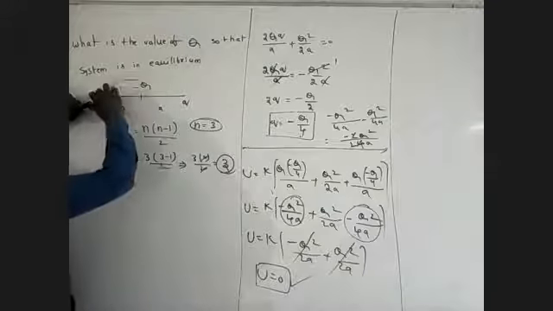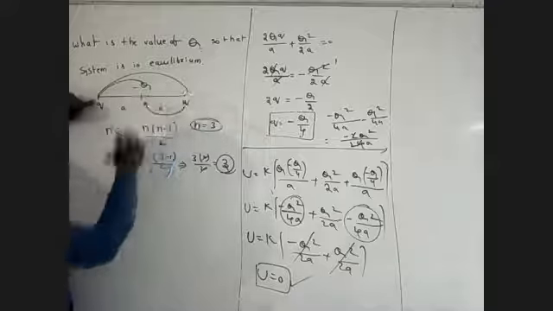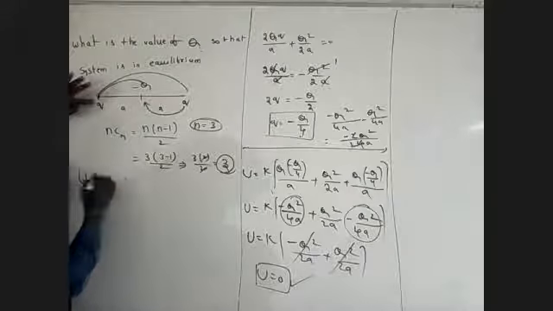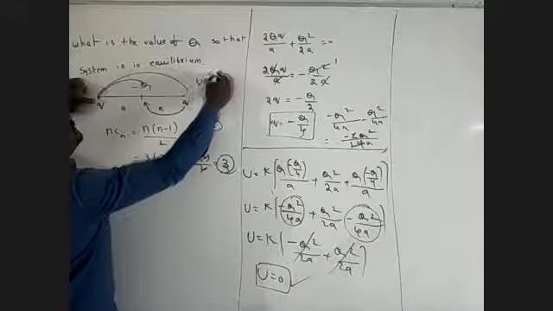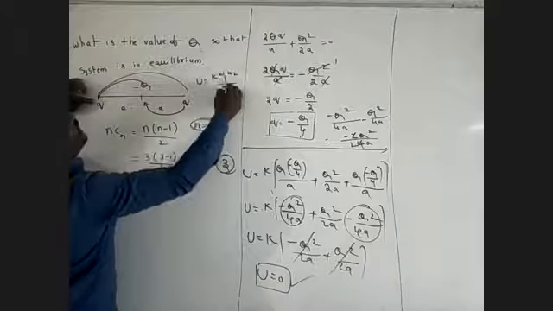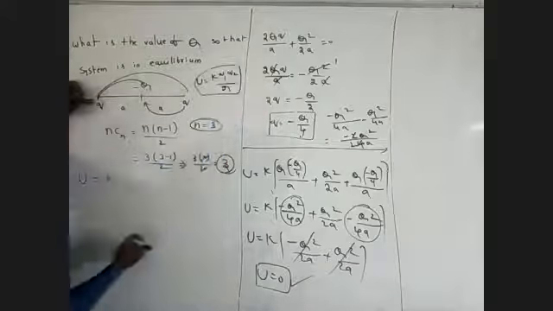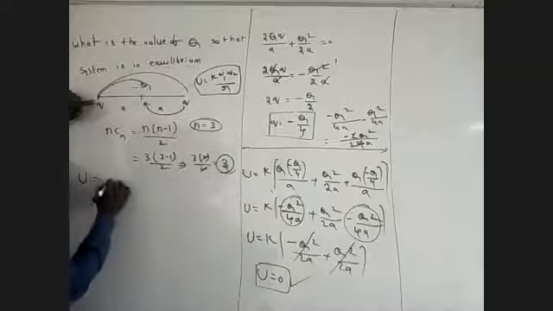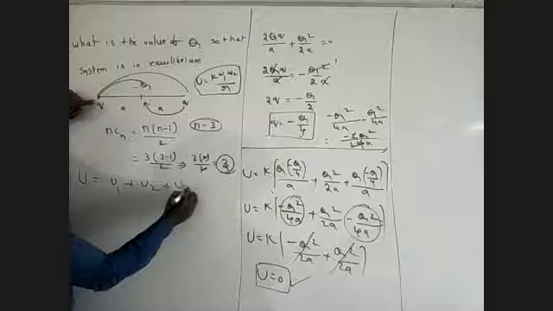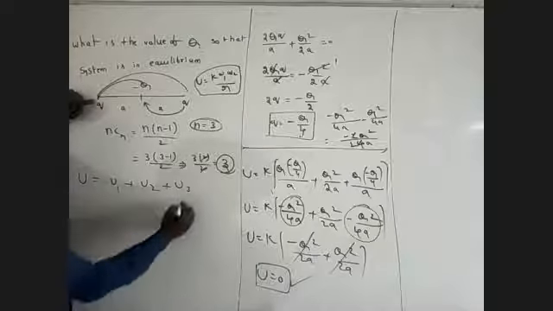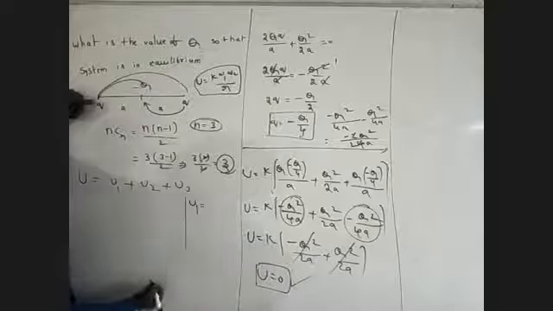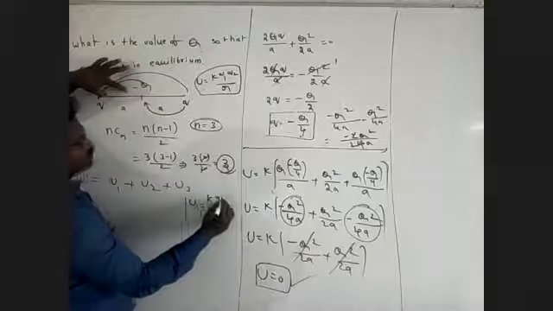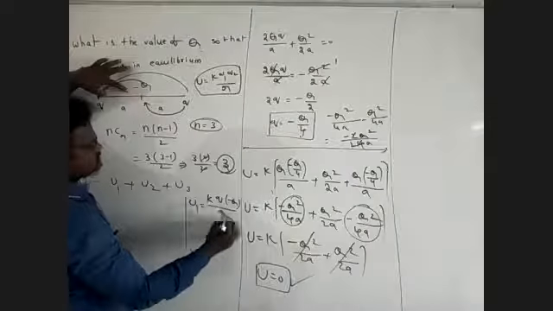So one is Q into Q, another one is Q into Q, and we have this equation. The general formula is U is equal to K Q1 Q2 by r, where r is the distance. We have the energy equation U1 plus U2 plus U3. U1 means I'm taking K Q into minus Q by distance a.